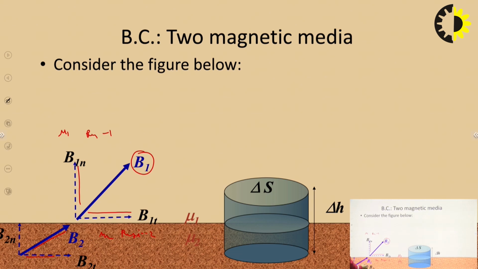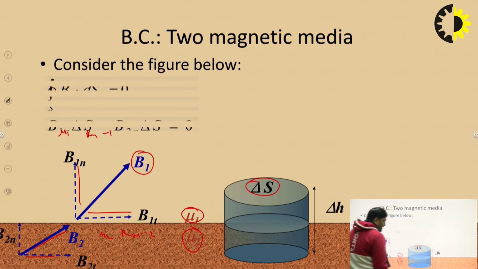The permeability of region 1 is mu1 and of region 2 is mu2. B1 is the magnetic flux density in region 1, with tangential component B1t and normal component B1n. B2 is the magnetic flux density in region 2, with tangential component B2t and normal component B2n. The total surface area is delta S and the height is delta H.